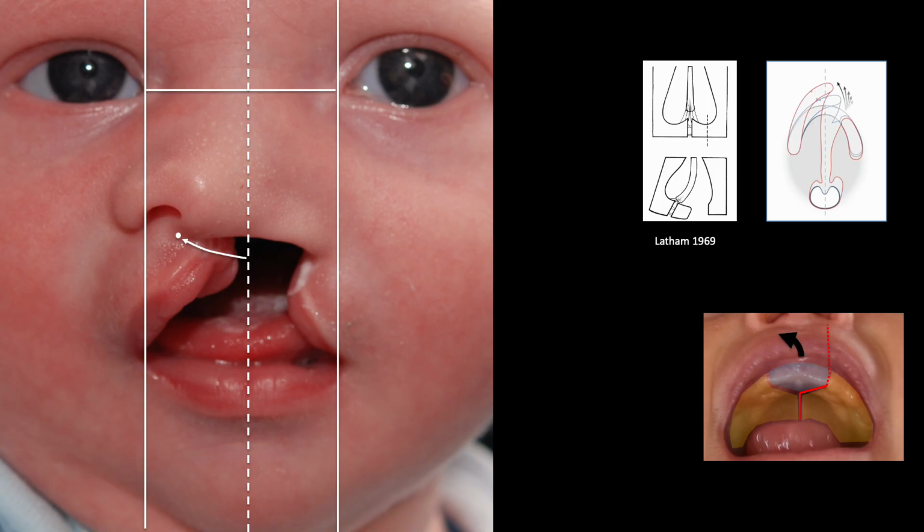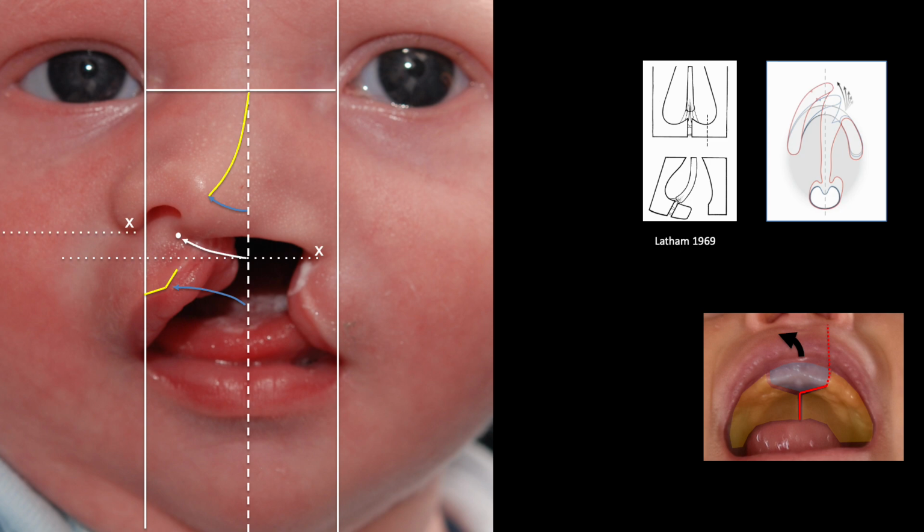If we look a little closer at the twist, it's the uncoupling of the premaxilla that results in an upward, outward, and forward swing of the premaxilla and the greater segment. The anterior nasal spine gets swung the same way, as does the caudal septum and the columellar base. With that, the prolabium and the nasal dorsum get dragged along.